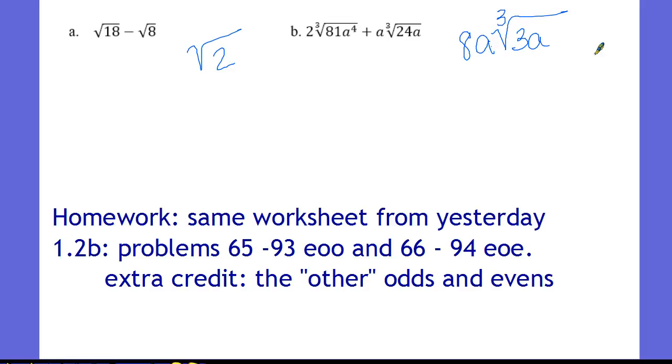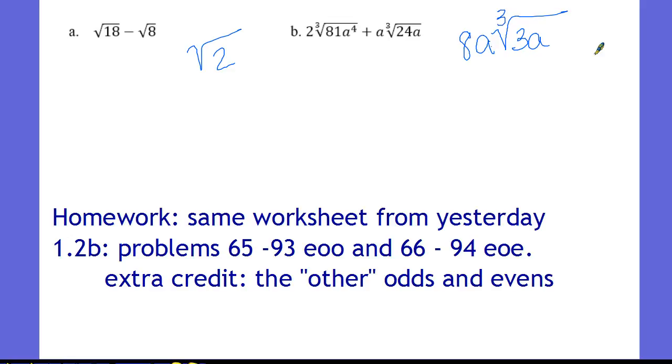Beyond that, on the same worksheet you were working on yesterday, we are going to continue with the assignment. I am assigning you 16 problems, and many of them are more like A, B, and C than they are like D and E. The homework is this: 65 to 93, every other odd, and 66 to 94, every other even.